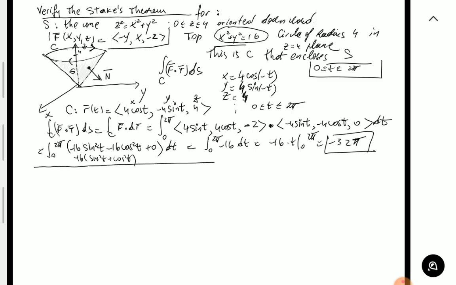All right, so moving on now to compute the same thing, let's check to see if we get the same thing via a surface integral. So now I have to look at the cone as a surface and come up with a parametrization for it. Remember, there are parametrizations you can use in terms of polar coordinates as well.